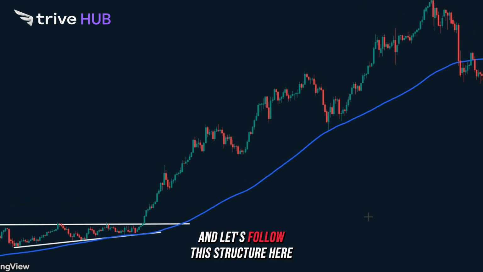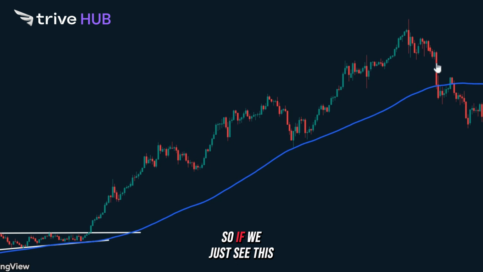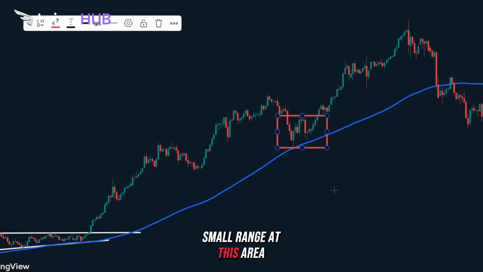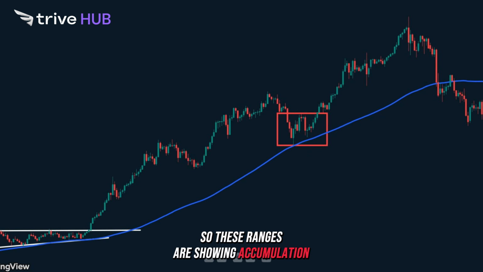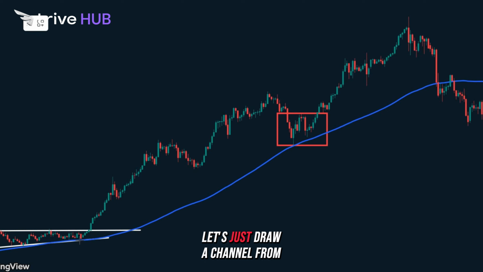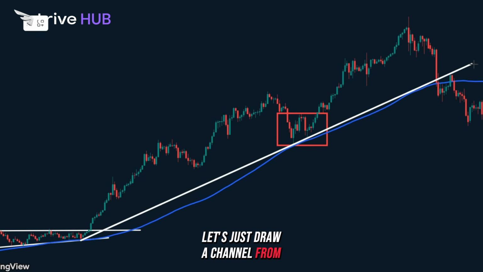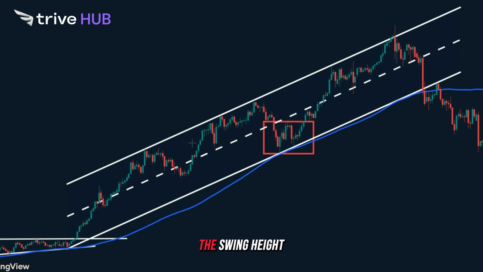And let's follow this structure here. If we see this particular trend, it has formed a very small range at this area which is also above the moving average. So these ranges are showing accumulation in the trend. Let's draw a channel from this range to this swing high.